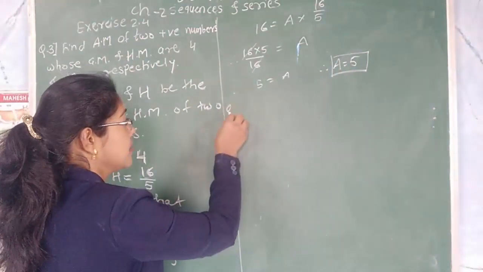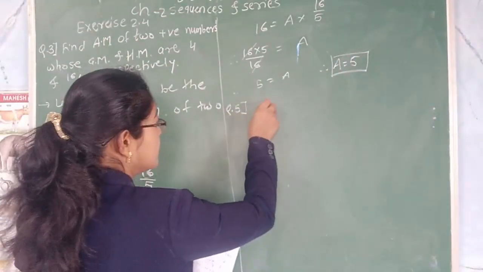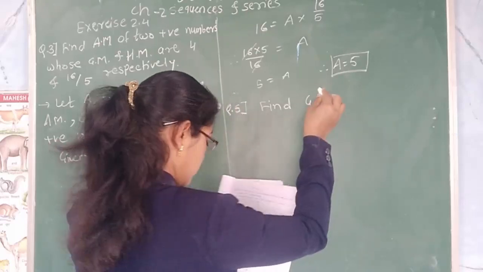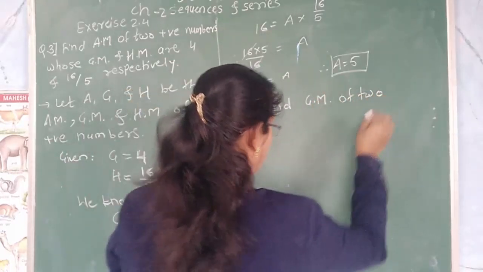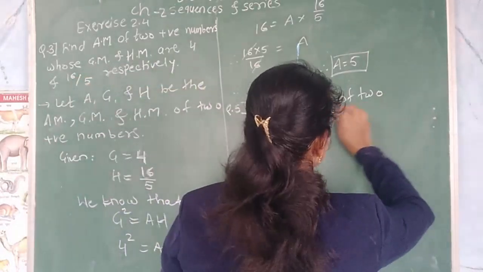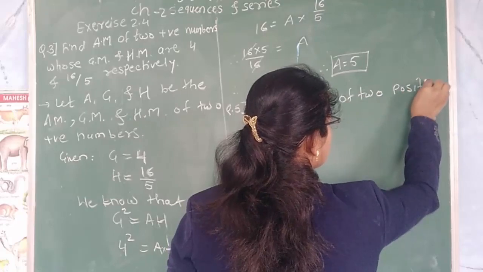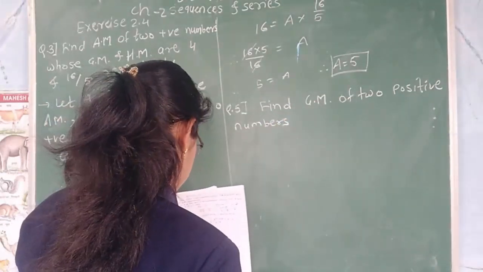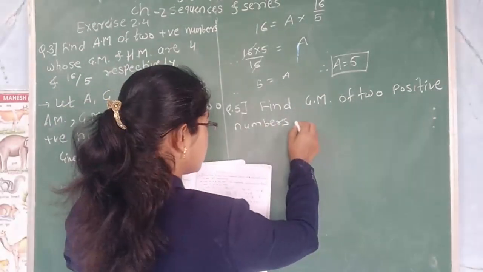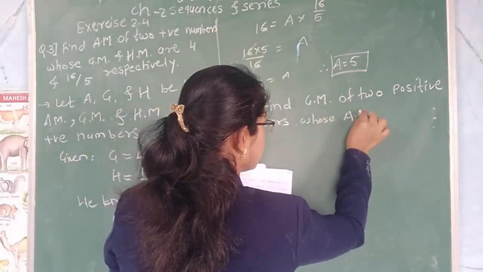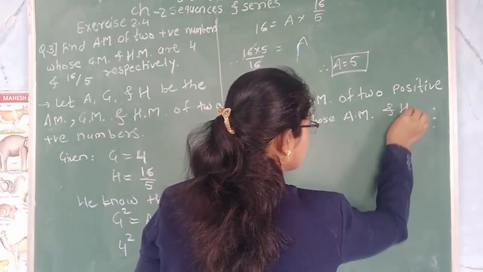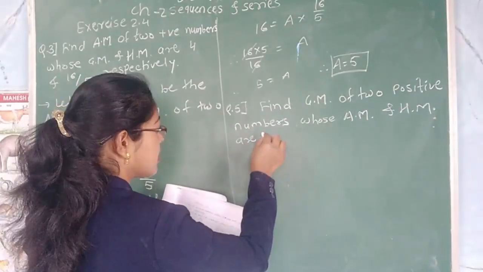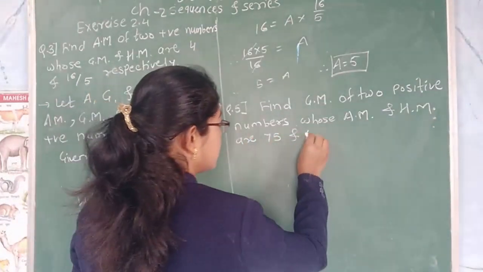Now the second example, question number 5. Find the geometric mean of two positive numbers whose arithmetic mean and harmonic mean are 75 and 48 respectively.